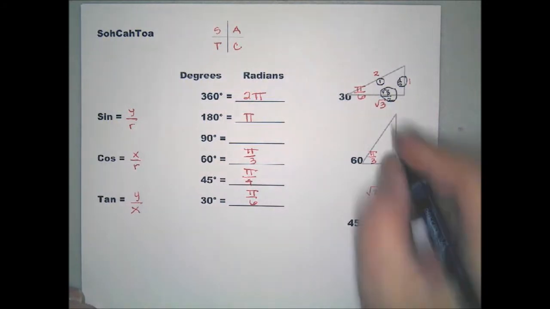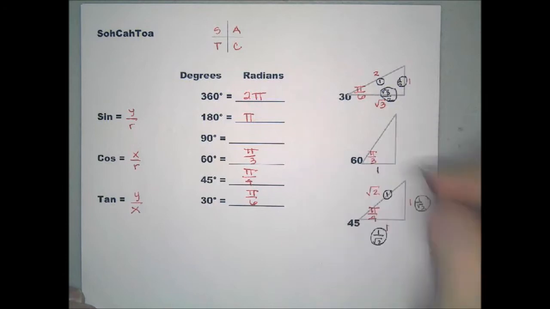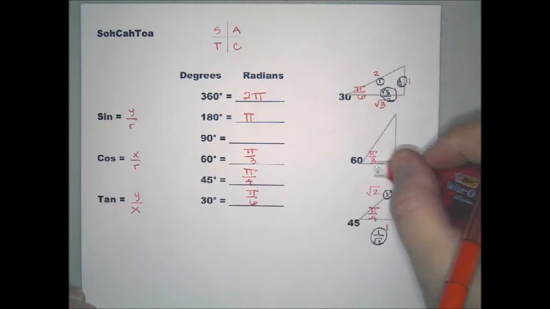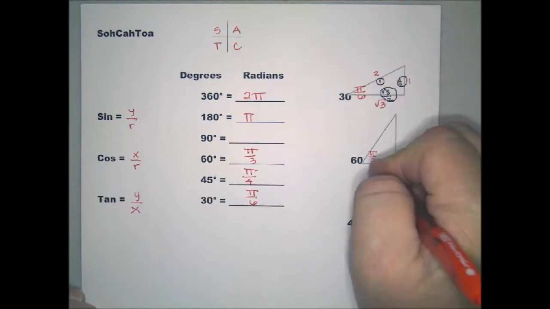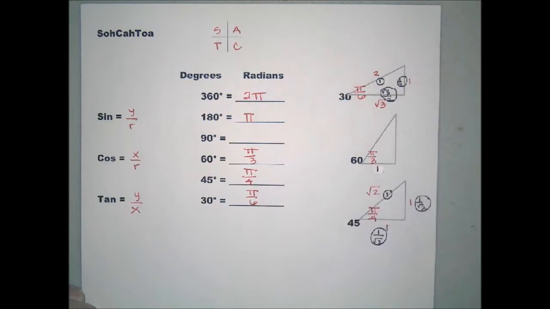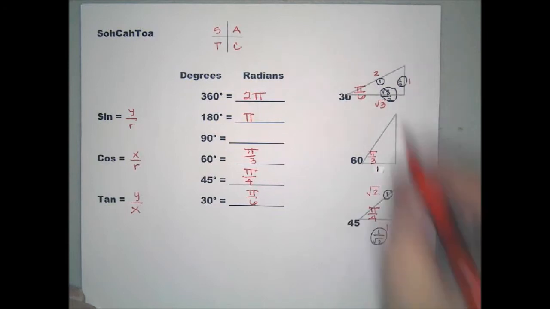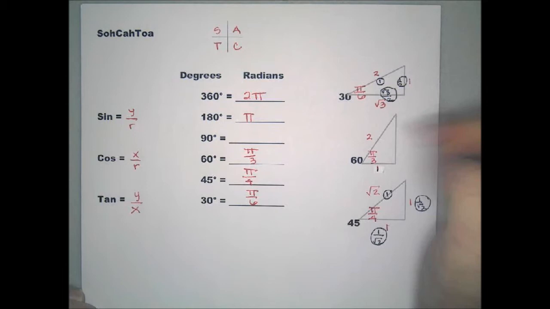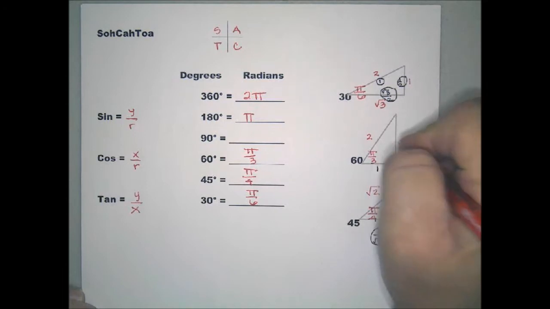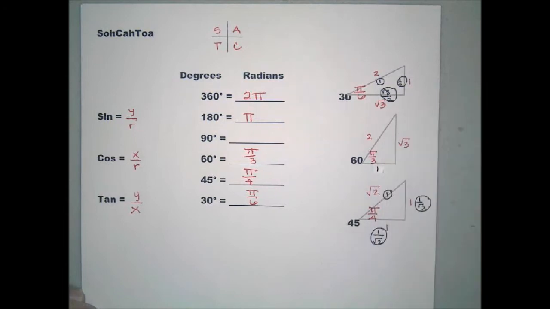The smaller side is still the 1. The hypotenuse, I'm supposed to do these in red. Let me stay consistent. Okay, the smaller side is 1. The hypotenuse is 2. And the longer of the two legs is square root 3.